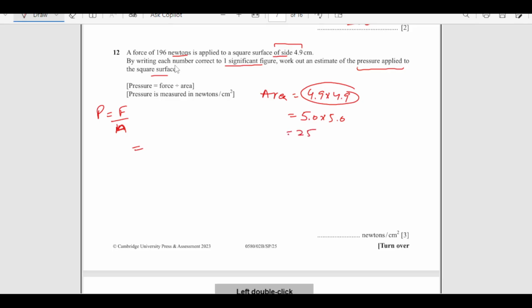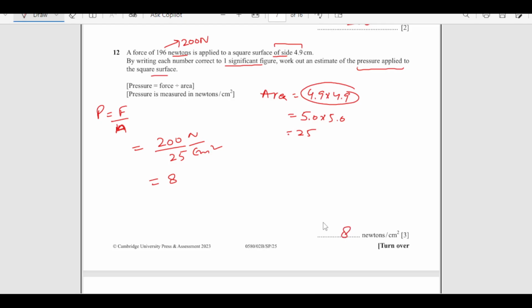Force we are given 196, so 196 to one significant figure becomes 200 Newton. So we will use this force now, 200 over 25, which comes out to be 8 Newton. This was centimeter square, so it is 8 Newton per centimeter square, right?